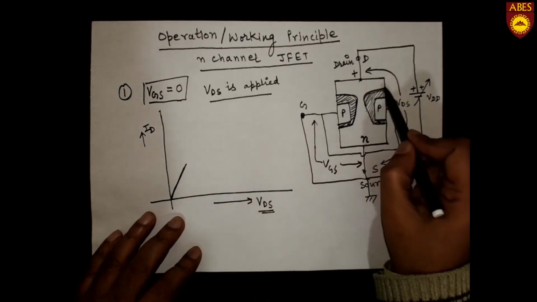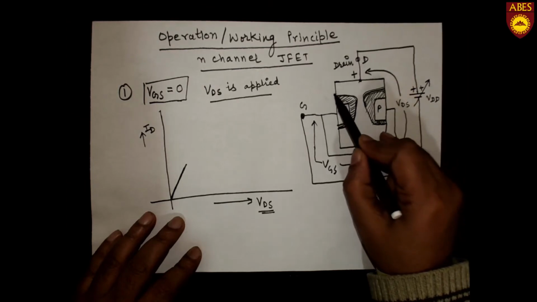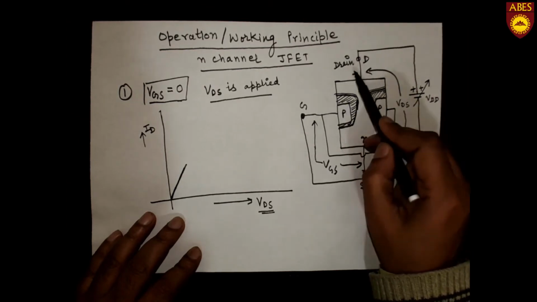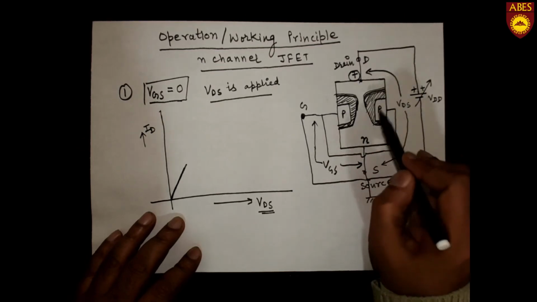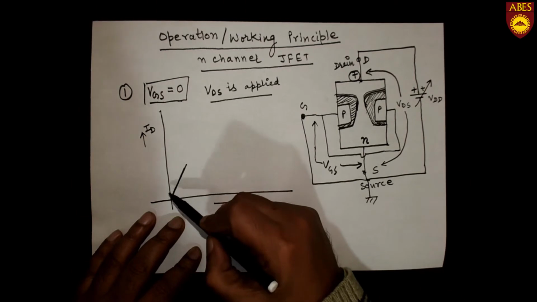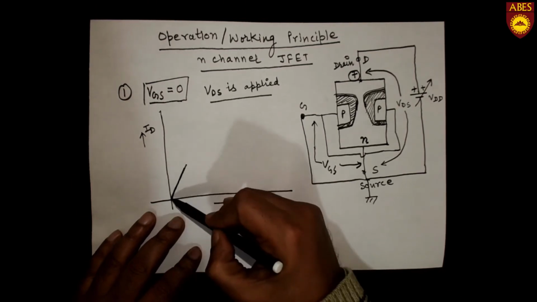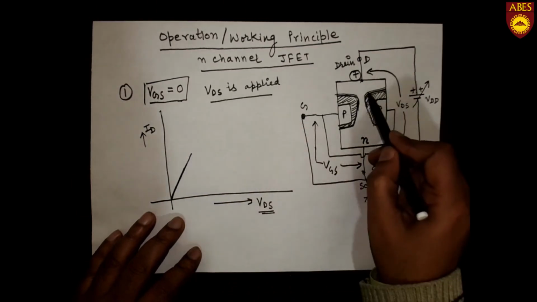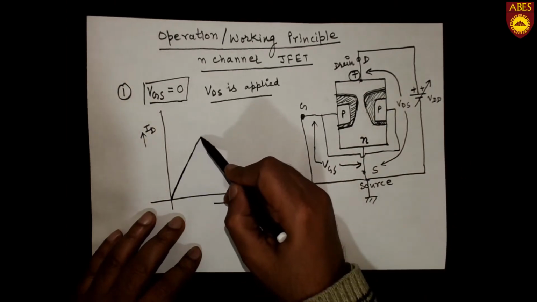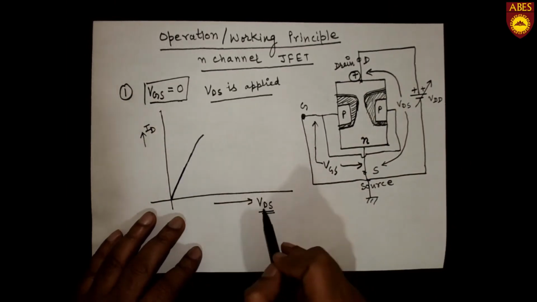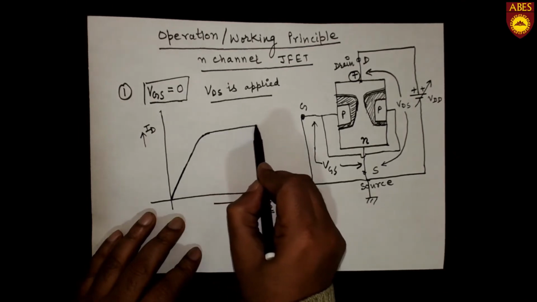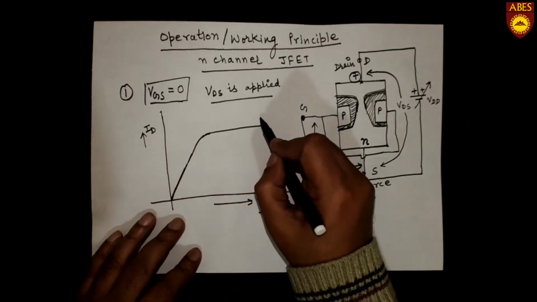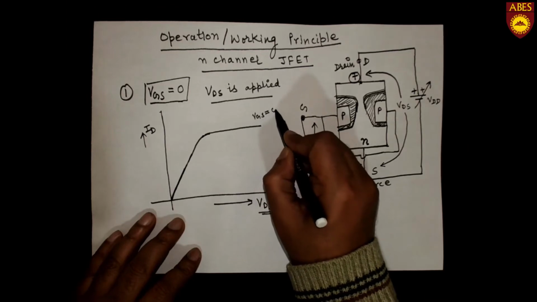The depletion region also increases on increasing the voltage, because as you increase the positive potential, the depletion region also increases. So when we increase VDS, the current increases and the depletion region also increases, and after a certain amount of applied VDS, the current becomes constant, and all this is happening under the condition VGS is equal to 0.